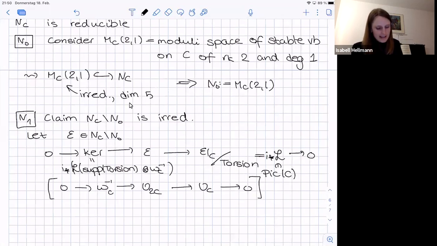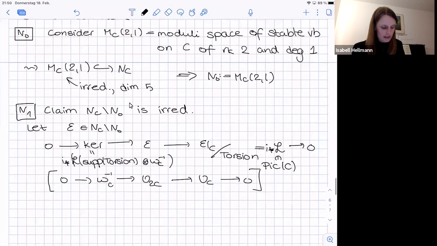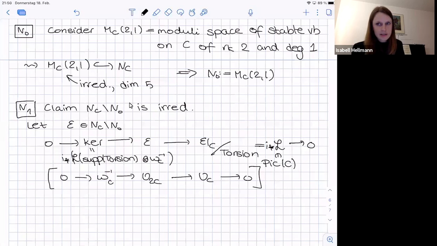Okay, and now the point here is that E was a stable sheaf, so this means I have some inequalities for the subsheaves, and it actually forces that I don't have any choices for the degree of L and the degree of the support of the torsion part.